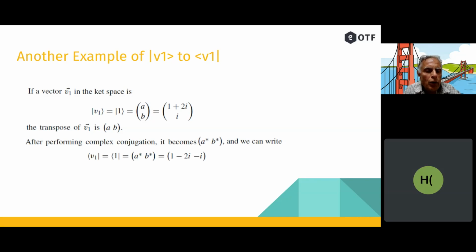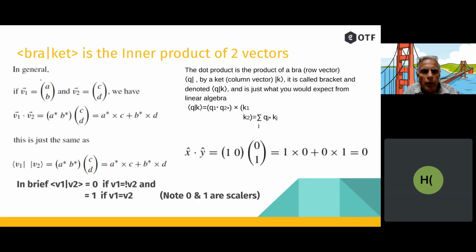The reason why we have got this is to ensure that we can show what you can do with a column vector and a row vector transpose, and then show how a V1 ket can be converted to V1 bra by using the transpose of A B to A star B star, which is nothing but the complex conjugate after doing the transpose. The same thing, and this is another example. But most important for us in our quantum is the bracket.